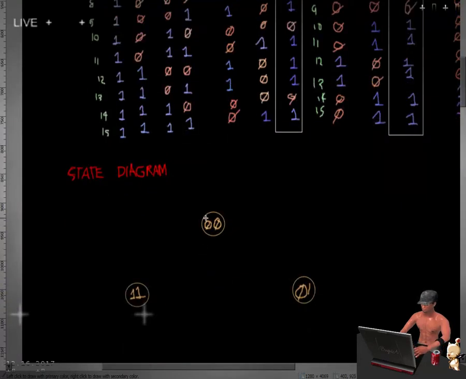So this is a state. This is a present state, guys. When the input is 0, you get a present state of 0, 0. The next state is also 0, 0. So for the beginning, your input is 0, 0. Then you get a return.